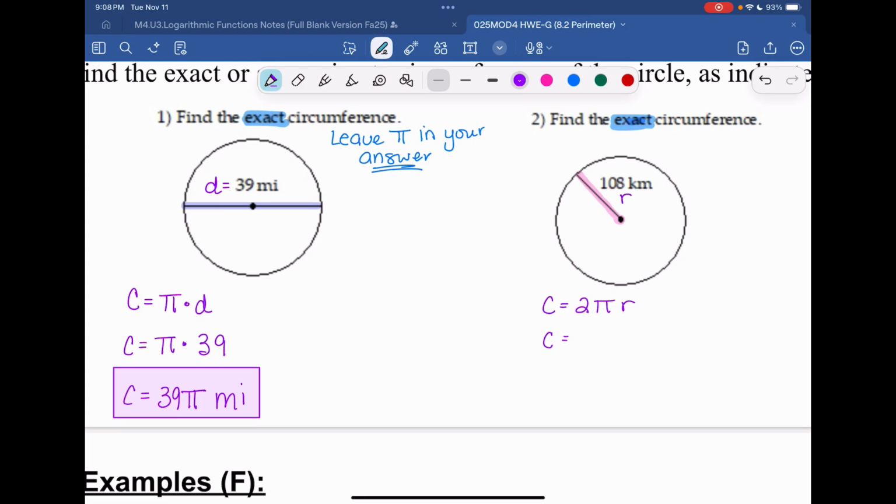And so I have 2 times pi times 108. And so if I clean that up, I would get 2 times 108, which is 216 times pi. But again, I want to have my units, so kilometers.